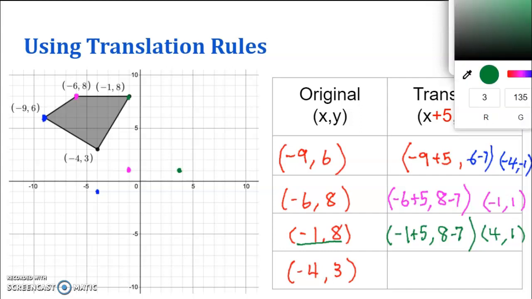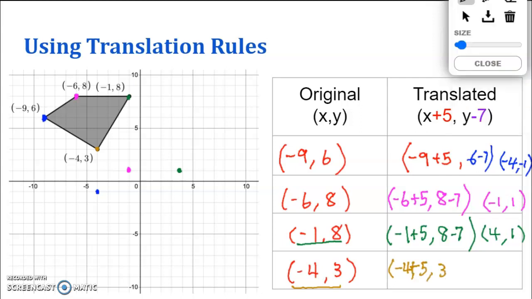All right, and then finally, let's do the last one. Okay, the last one is this point here. Negative 4, comma 3. So we get my original negative 4, and to that we are going to be adding 5, and get your original y, and to that we are going to be subtracting 7.